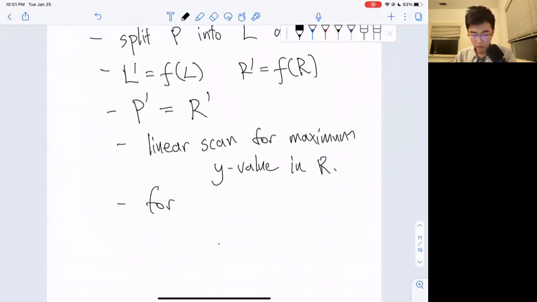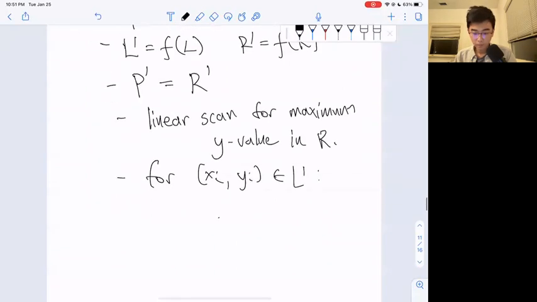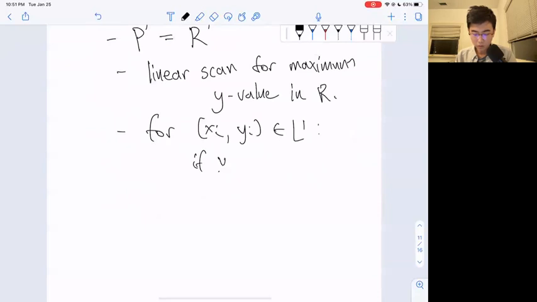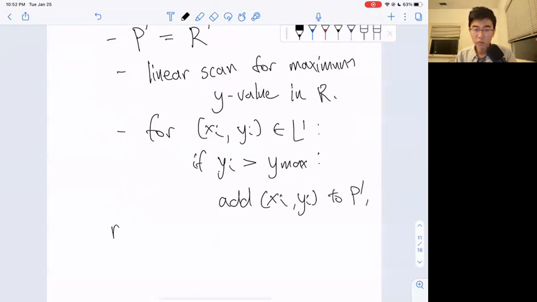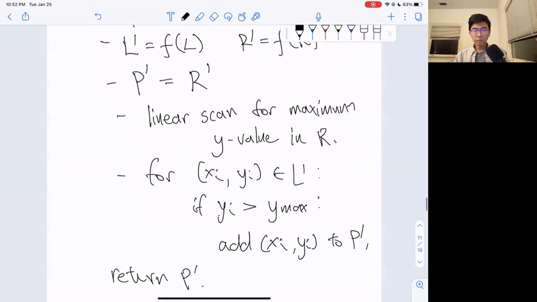So for (x_i, y_i) in L prime, if y_i is greater than y max, add it to P prime. And then in the end, you just return P prime, and you're done.